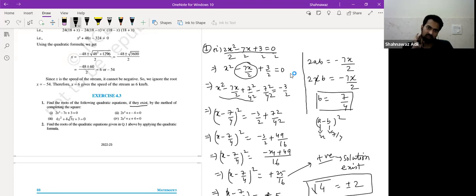When we reach the second question, we will learn about the quadratic formula, and this quadratic formula is the best method.